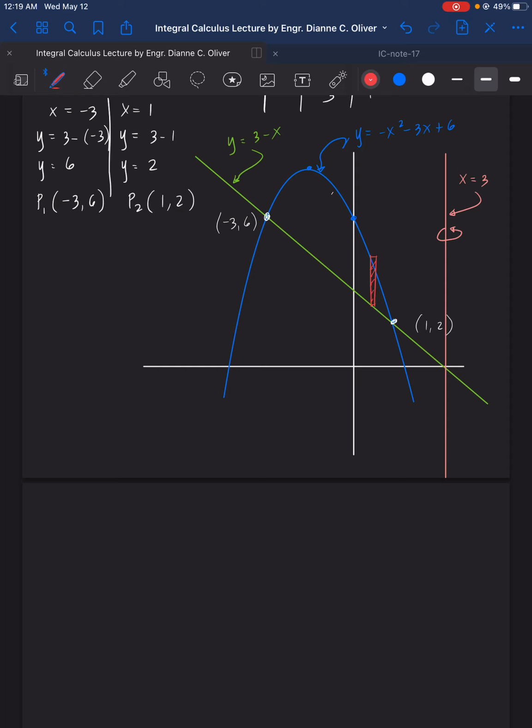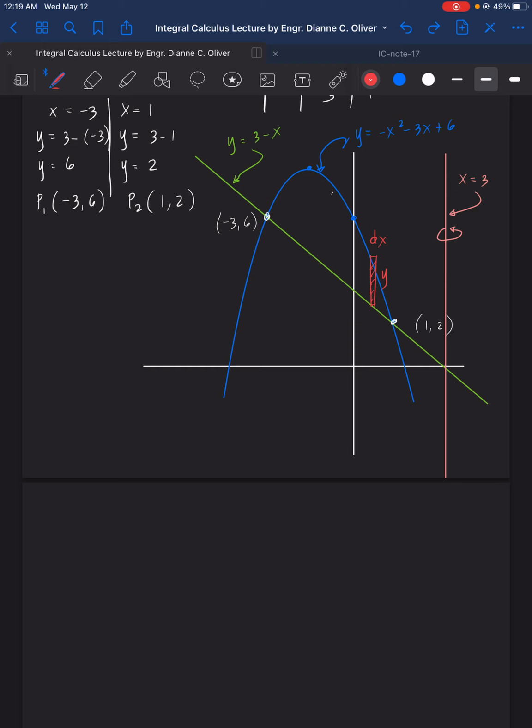The reason is this is y dx. We are considering y dx as the area strip. That means our limits are the points x. If we are considering the limits x, so these are the boundaries, we can take the whole area.